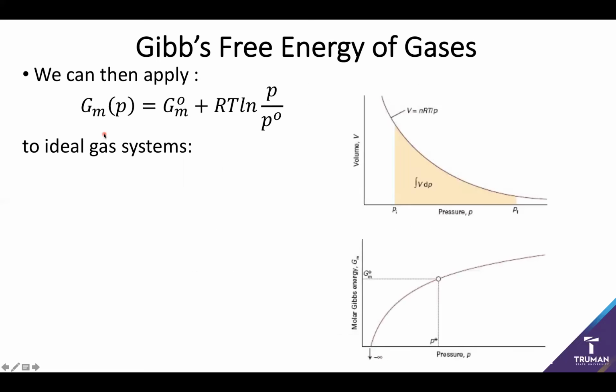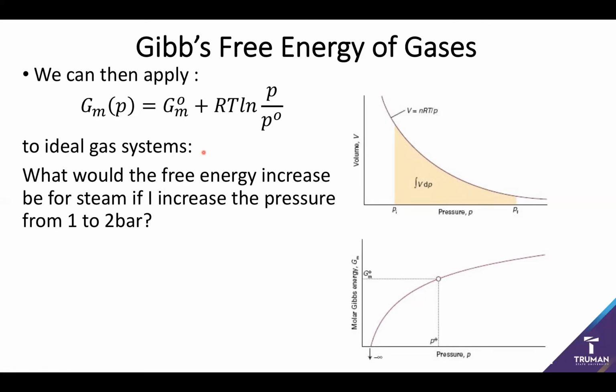And so in general, we're going to be applying this equation to a lot of ideal gas systems. And let's go ahead and get an idea of what these numbers look like for relatively similar pressure influences to what we did for our condensed phases. So let's do this good old increase of pressure of, say, steam, so now gaseous water, from 1 bar to 2 bar.